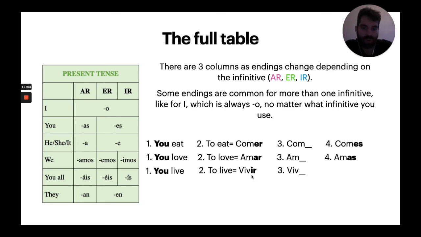Therefore, we remove the ending of the infinitive, IR, and we add ES, which is the ending for you with an IR verb, vivir, which means to live. Because I want to translate you live, I'm going to use ES as an ending, and that means you live.